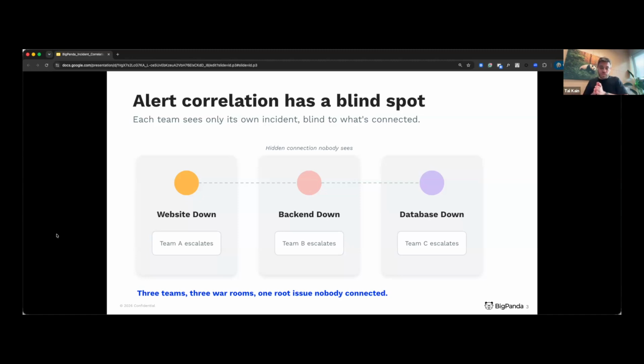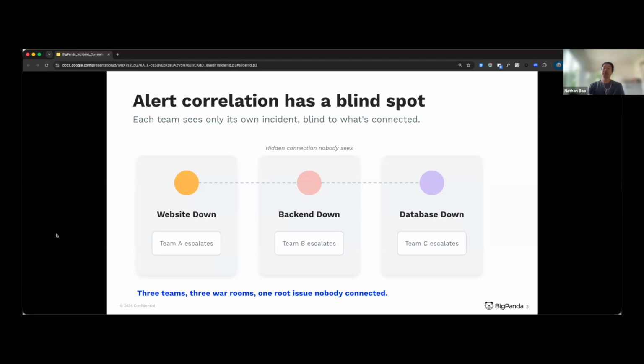So, three NOCs, three people escalate to three different teams that are unrelated, jumping on three different incidents. There is a lot of waste of time that can be used for building or fixing other problems, and for shortening the time to the actual root cause. So it's both the amount of people you need but also the SLA and the MTTR specifically.